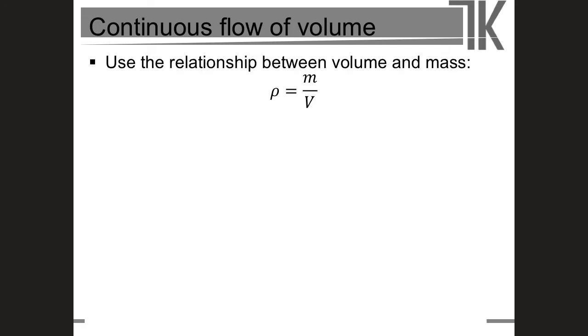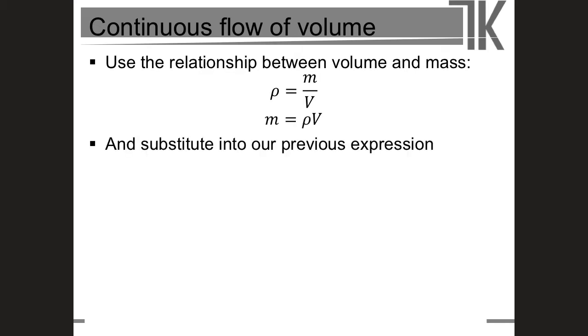If you don't remember, the relationship between volume and mass is rho, or density, equals mass over volume. We can rearrange that for M and then substitute it into our previous expression. If you haven't tried that, pause the video and give it a try now. So there's our previous expression: power equals mass rate times specific heat capacity times the change in temperature.